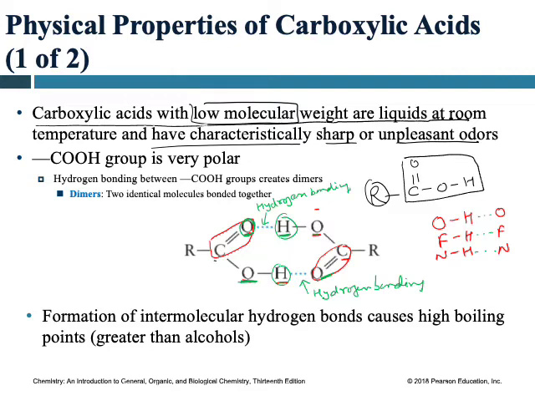Right. So what's the special characteristic you can see for the hydrogen bonding in carboxylic acid? So if you have two carboxylic acid molecules side by side, they can form two hydrogen bonding. Right, so each molecule of the carboxylic acid can form two hydrogen bonding with another molecule of the carboxylic acid.